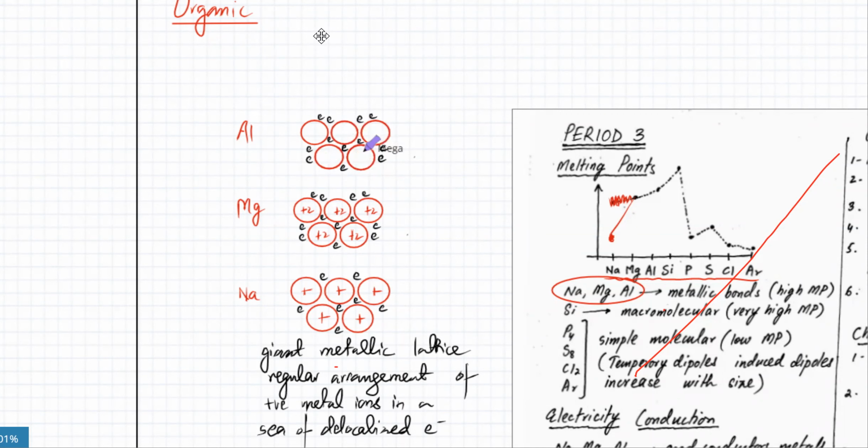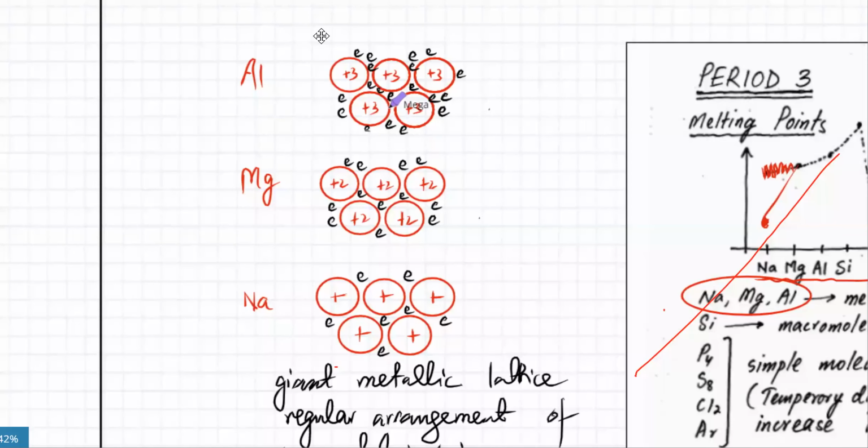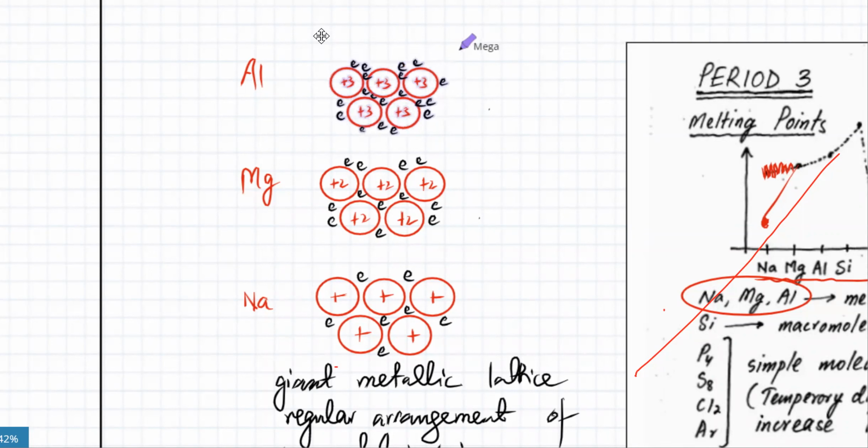So it loses 3 electrons. And it's going to have even more delocalized electrons. There's going to be plenty of delocalized electrons in aluminium. And it's going to be even smaller than the other two. The ions would be even more tightly packed.